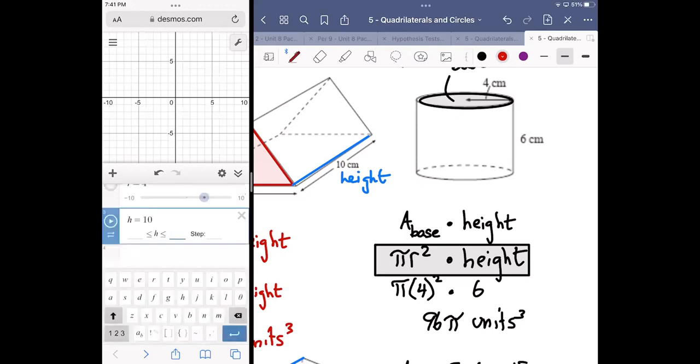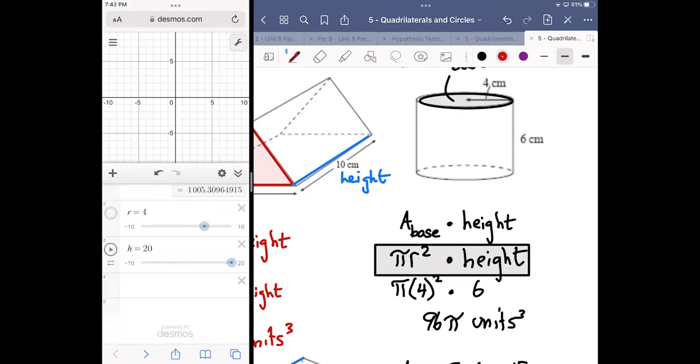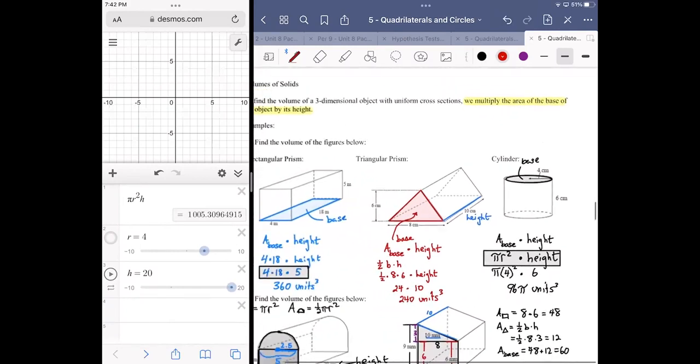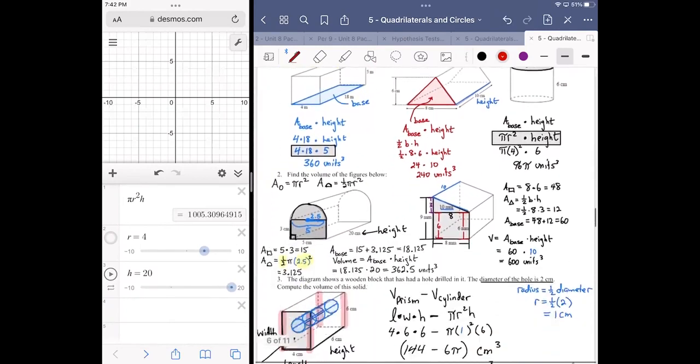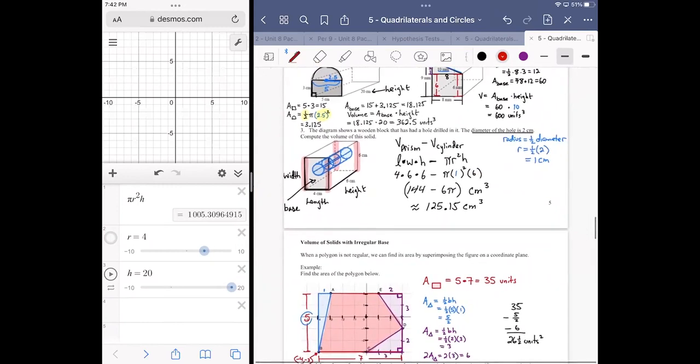So let's say in this case, I wanted to go up to 20. And then I would know that its volume would be 1005.30, and so on. Right. So it's a nifty way of being able to look at these things and not being just one and done problems. They're more flexible.